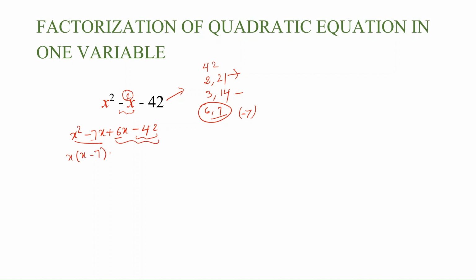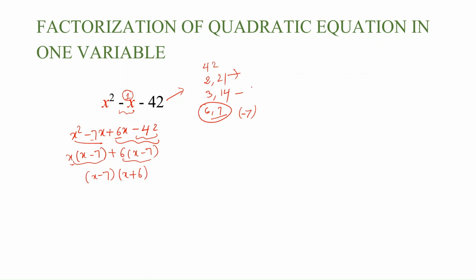Here 6 as common, plus 6 of (x minus 7). From these two terms again, we can take (x minus 7) as common. The first term will have x, and from the second term 6. So the given expression can be factorized as (x minus 7) into (x plus 6).